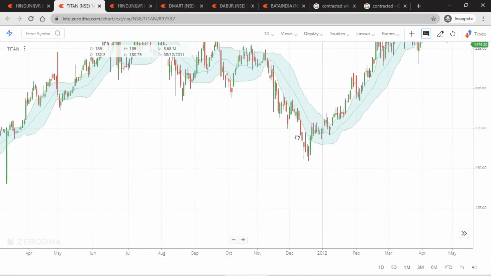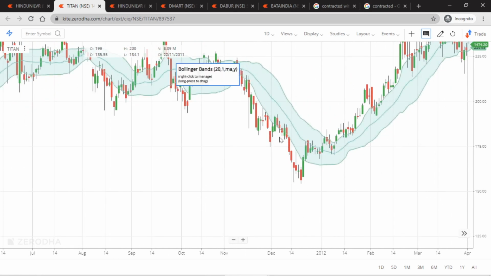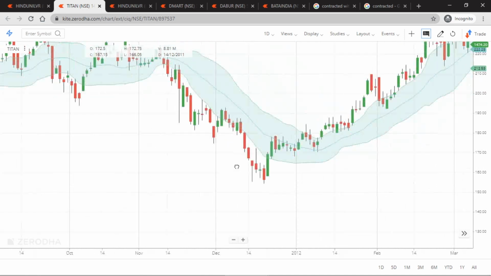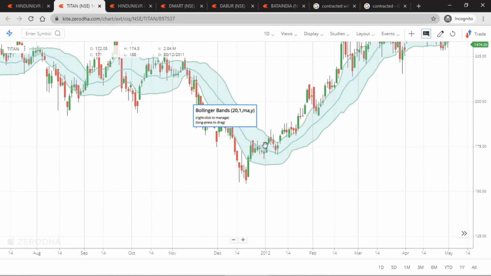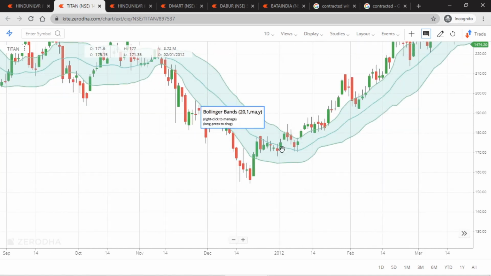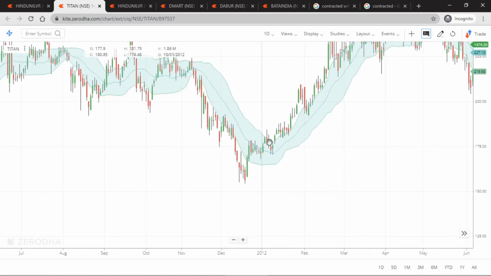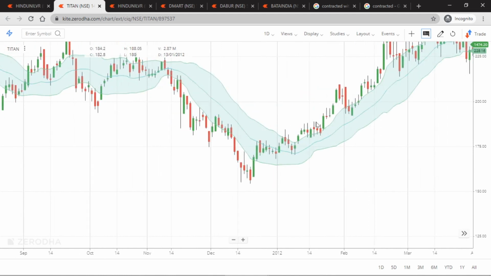Like here, when it was closing below the lower standard deviation, and from here it moves up towards the center line, towards the simple moving average, and from this candle basically it starts closing above the center line, above the simple moving average, and then from here it starts closing above the upper standard deviation.